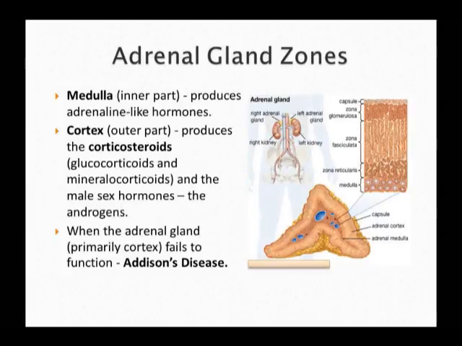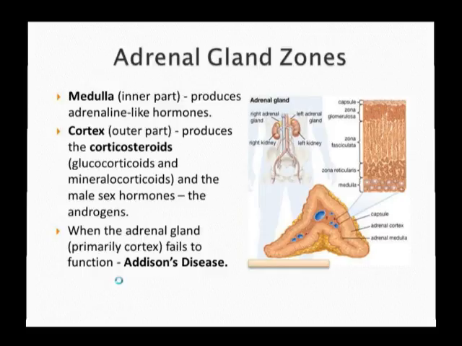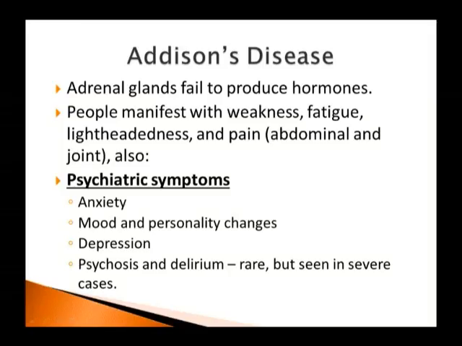Now, when the adrenal glands become very diseased and there's a complete shutdown of adrenal function, there's a condition called Addison's disease. Now, Addison's disease is a very serious, life-threatening disorder. Essentially, the adrenal glands fail to produce hormones, and people manifest with weakness, fatigue, lightheadedness, abdominal pain.